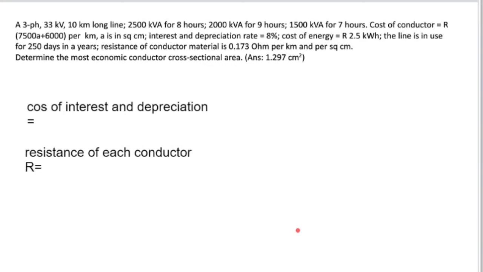Capital R is equal to rho L over A. So rho is given as 0.173, and for 10 kilometer it will be multiplied by 10 and over A. So 0.173 times 10 over A ohm. That's the resistance of each conductor, capital R. Did you get that?